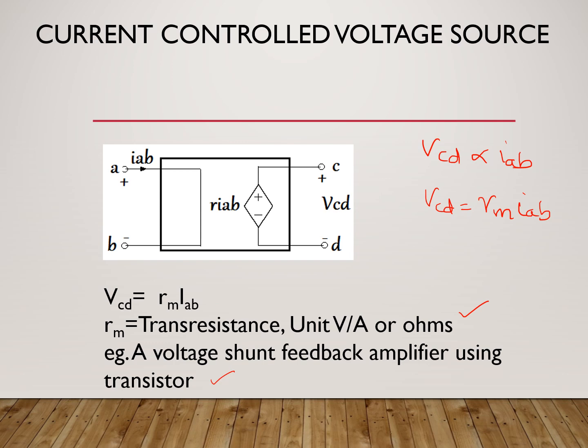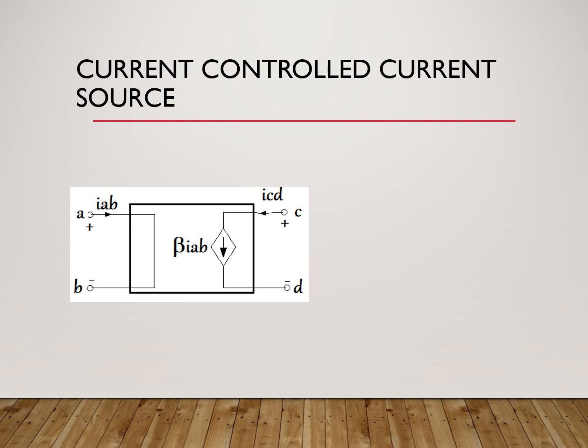Not going into the circuits of this, but basically we can understand that the current controlled voltage source has the output voltage controlled by the input current. Similarly, a current controlled current source has the output current dependent upon the input current.